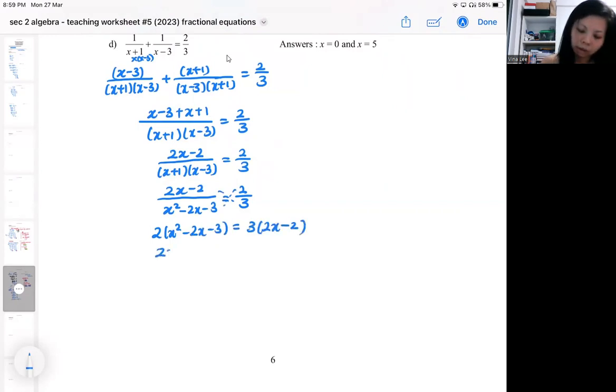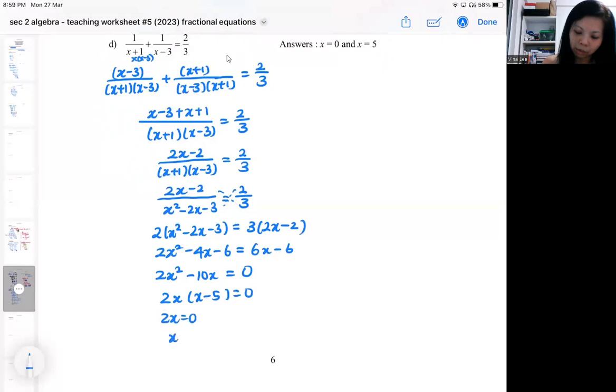It's really just keep expanding, make the same denominator, then bring everything over to one side. And when you get a quadratic, you factorize. Then first bracket equal to 0, second bracket equal to 0.